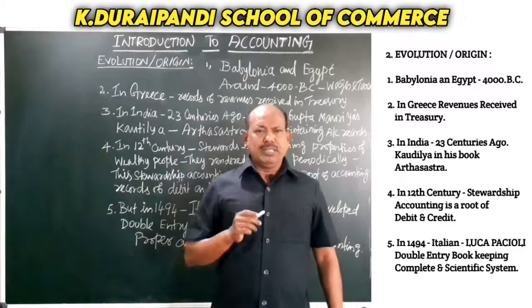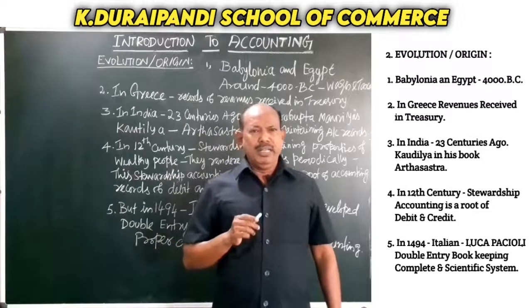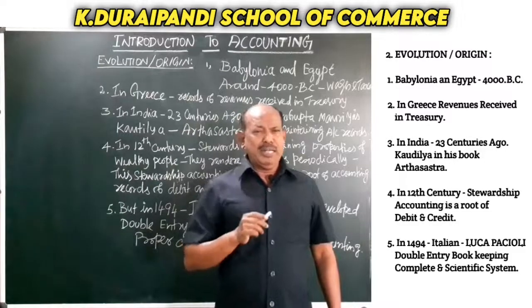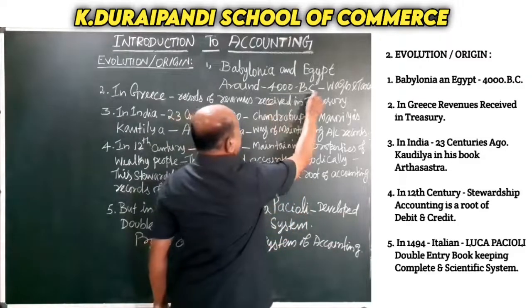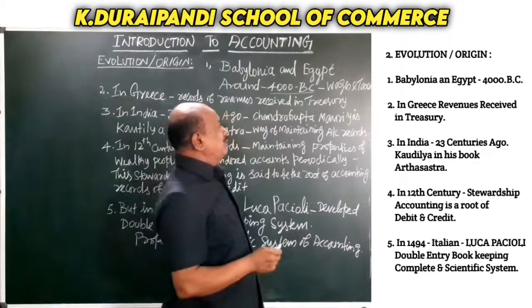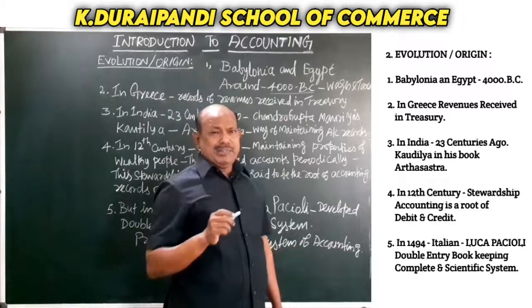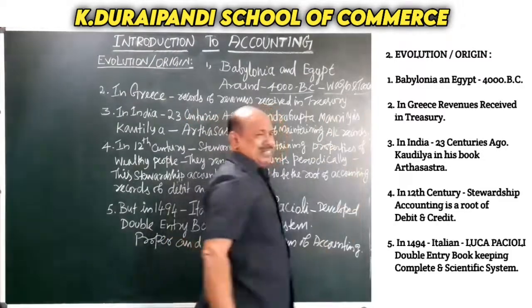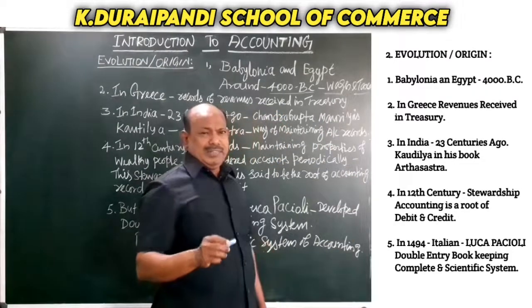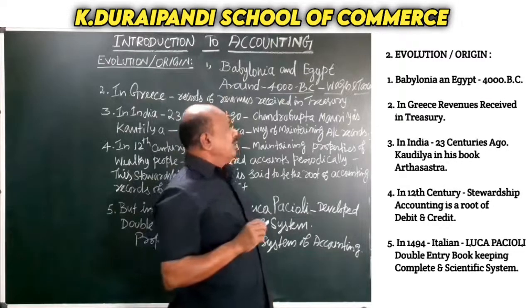The seeds of accounting were first sown in Egypt and Babylonia around 4000 BC, before Christ. They recorded transactions of payment of wages and taxes. That is the first development in accounting.